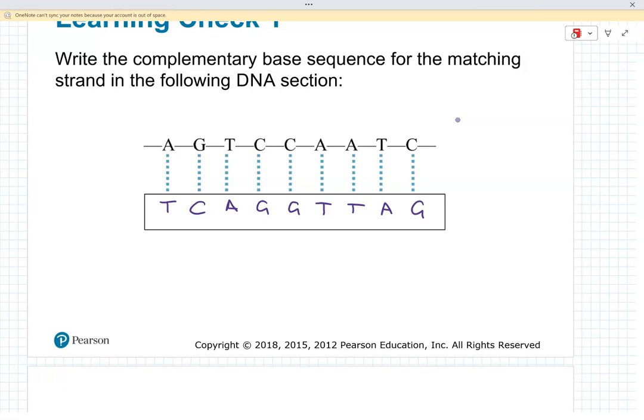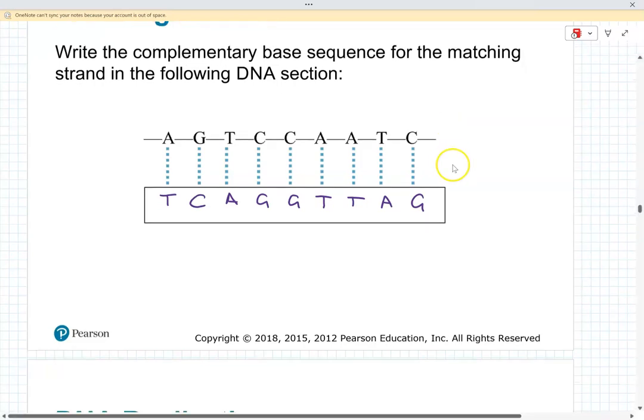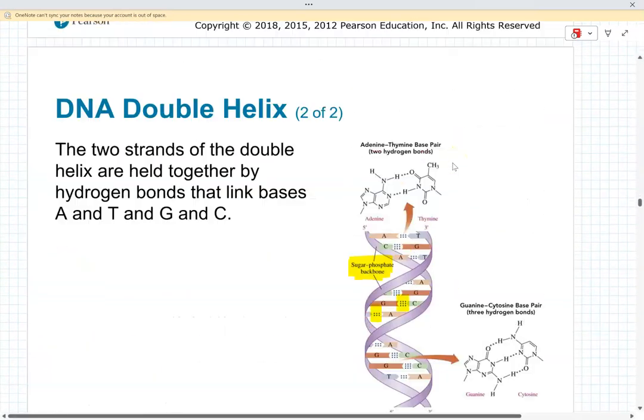Now, another question, can there be mispairing? Yes, and it's not good. It distorts the DNA structure, may lead to mutations, or it can be fixed by your cellular enzymes, because DNA must have pairing.